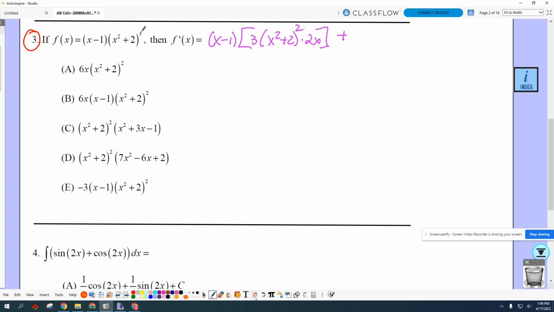So multiply the power 3 down here, leaves it as squared, and then that x squared plus 2, doing the chain rule, we get 2x. And now the other part of the product rule. First times the derivative of the second, and then second times the derivative of the first, which is 1.